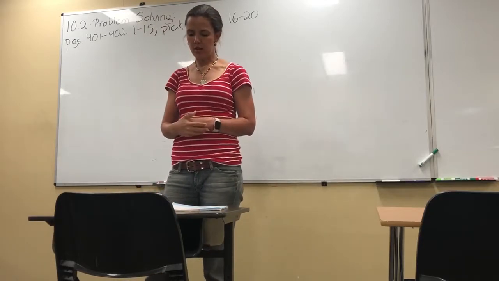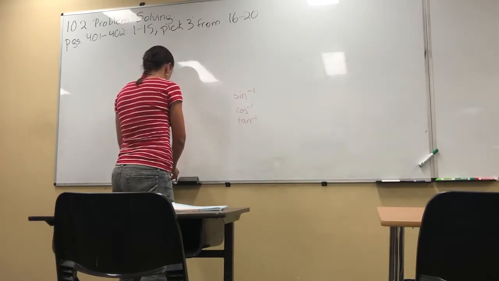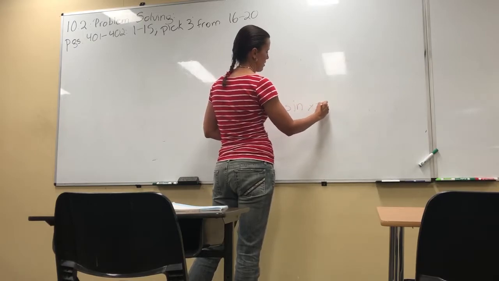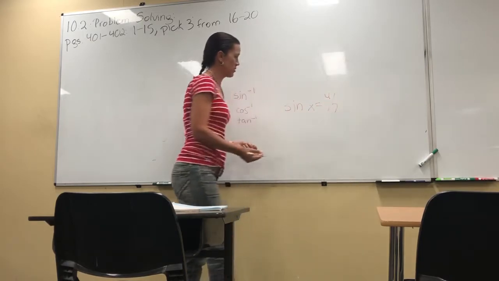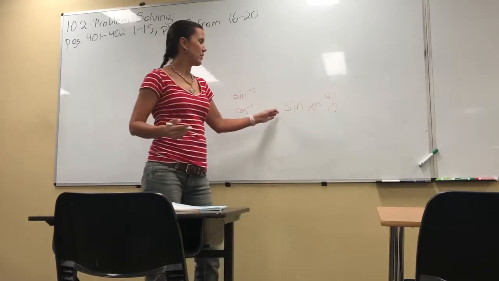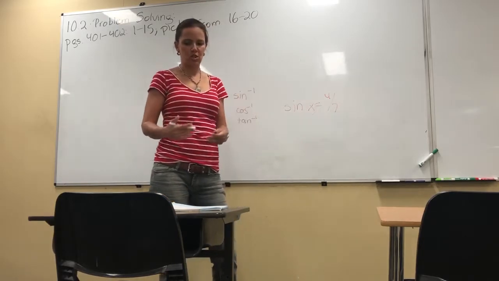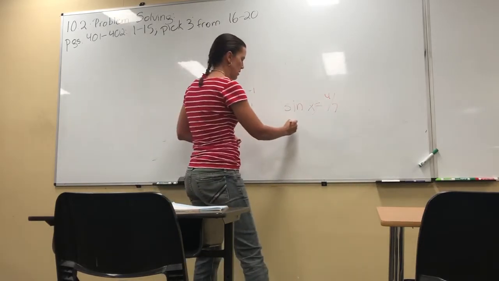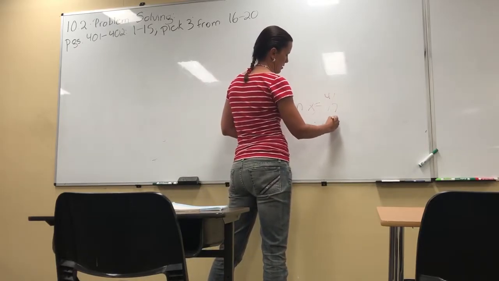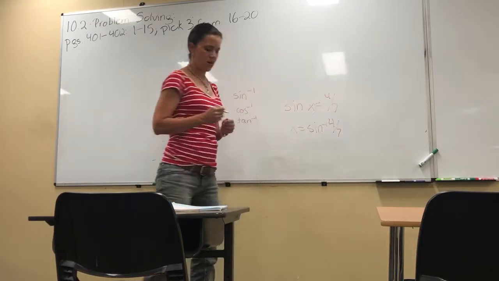What they're saying is the sine of whatever angle is 4/7, right? So it's just like an equation, we just have to find what x is. How do we find that? Well, on this side we divide by sine, kind of, which means we're just taking the inverse sine. So we can say x equals arcsine, or inverse sine, or whatever you want to call it, sine to the -1, of 4/7.